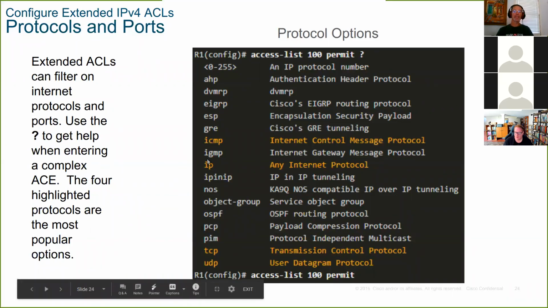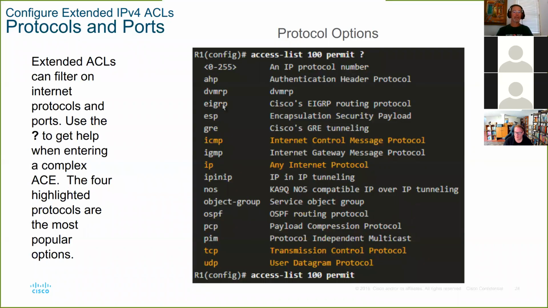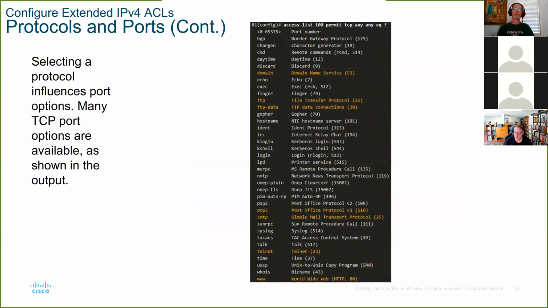There are other things here that we can filter, like EIGRP packets, OSPF packets, and GRE tunnel packets, which you'll learn about. I don't exactly remember if it's tomorrow or next week. But typically the ones in orange, those are the four that we are typically working with.